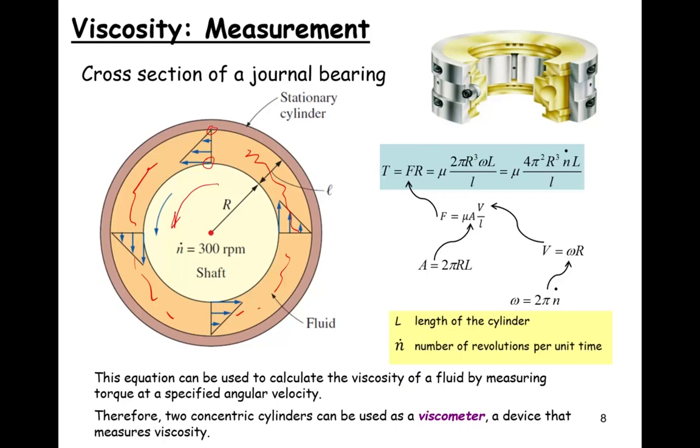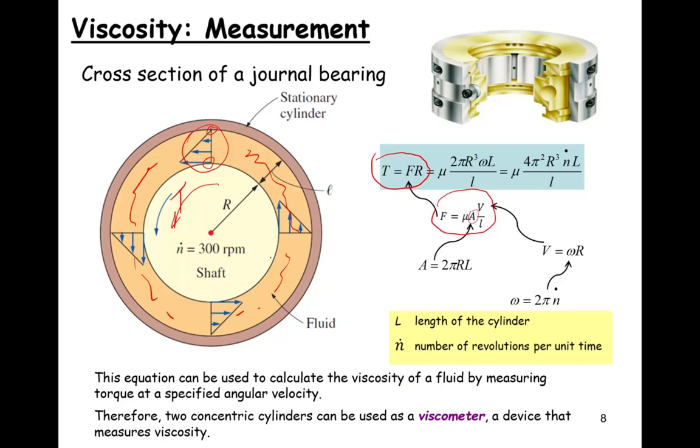So, if we want to estimate the torque for this rotating shaft, the torque would be F times R, that means the force times R. This force is based on viscosity and the distribution of the velocity here. Now, we put it in this equation. R would be the radius. What would be the surface area?